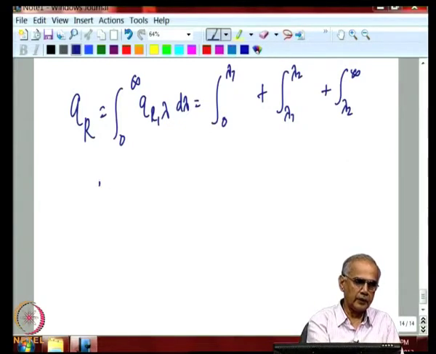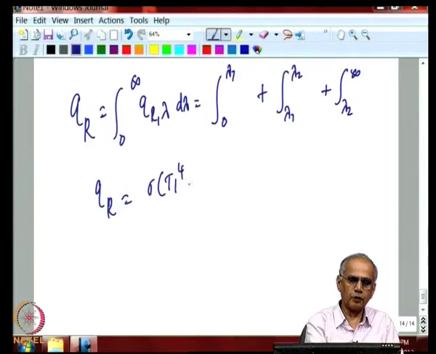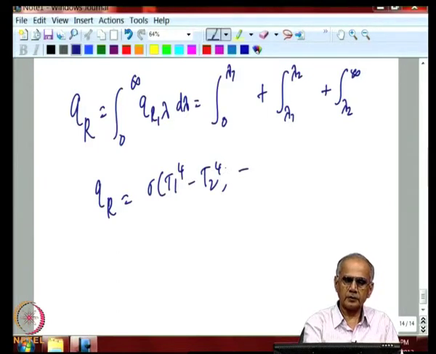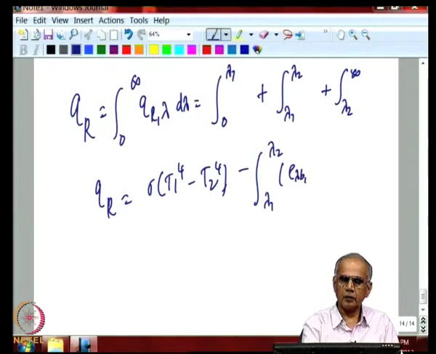So, we can write this as sigma times T1 to the power of 4 minus T2 to the power of 4, minus the integral over this wavelength where radiation is very important.